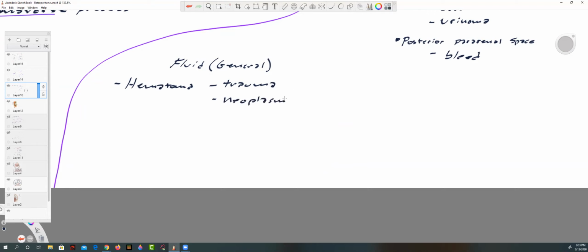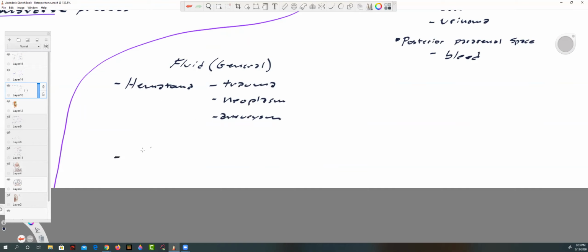Neoplasms, both benign and cancerous, are more likely to bleed because they have neovascularity, new growth, and a ruptured aneurysm. So aneurysm. Oh, I actually spelled it right. Those could happen in pretty much all the spaces there.